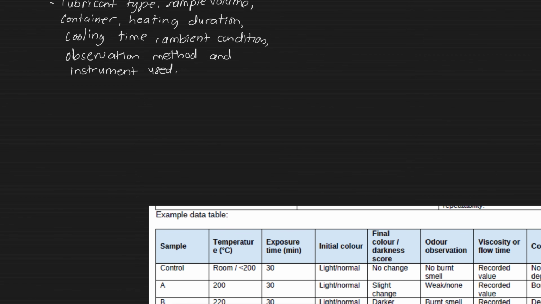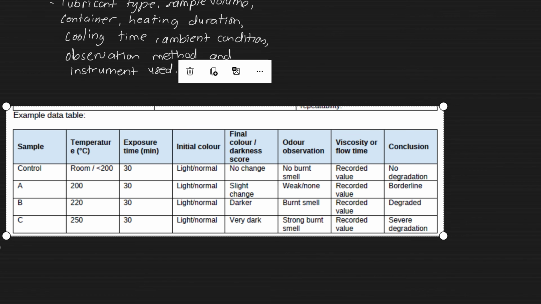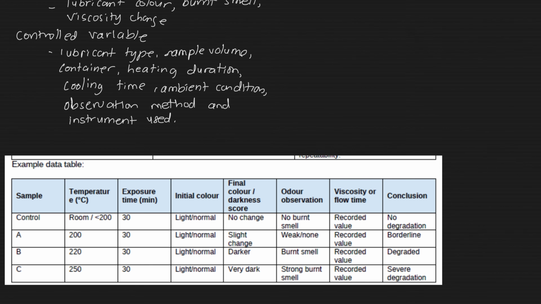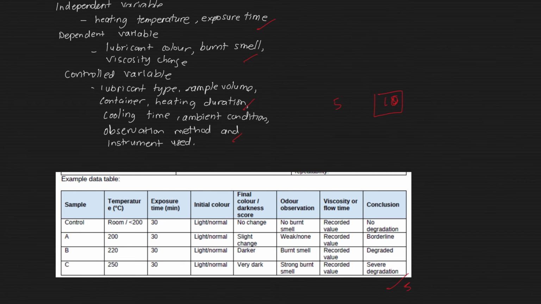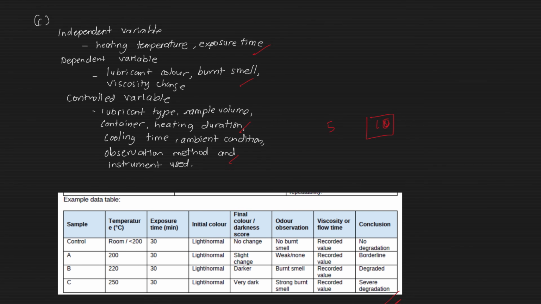Okay, and then to tabulate the data, we can use an example like this. The sample, temperature, exposure time, initial color, final color, odor, viscosity, and conclusion. Okay, so this is 5 marks for the variables and for the table.